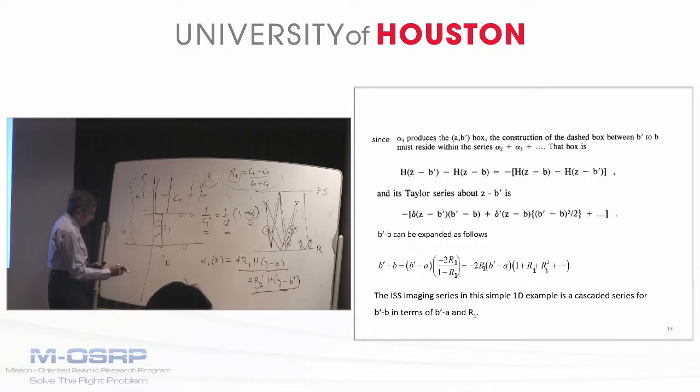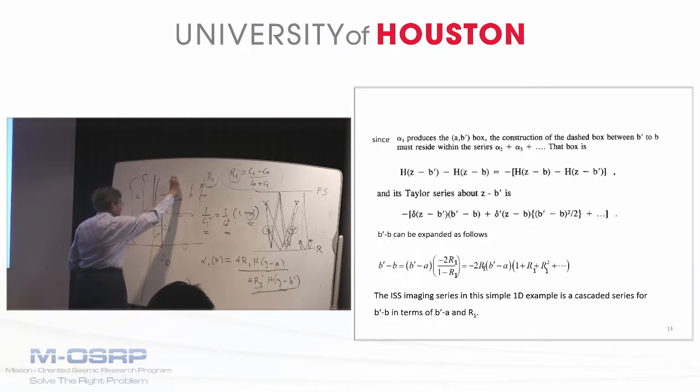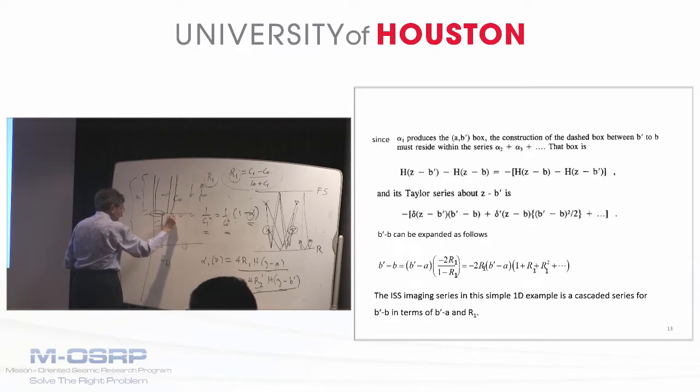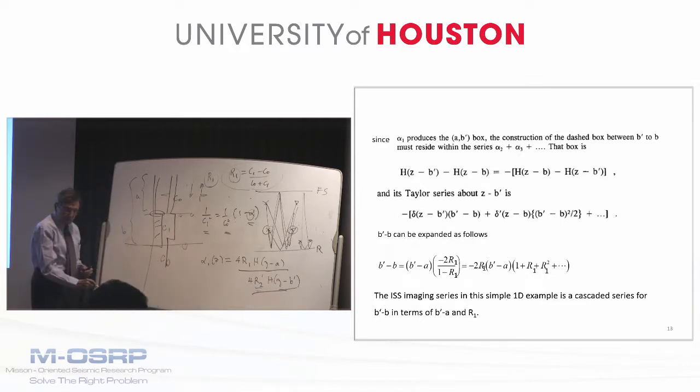So right now, that box is mislocated and it's got the wrong amplitude. In other words, it's got a linear approximation to this thing, yes? And it's too shallow, that first, yes? You get it?